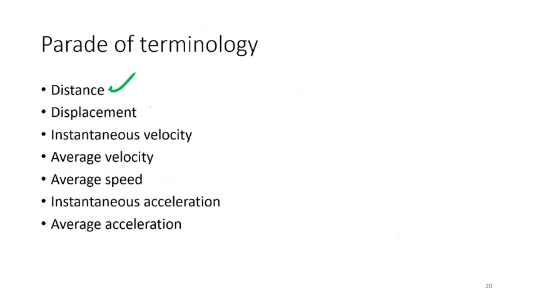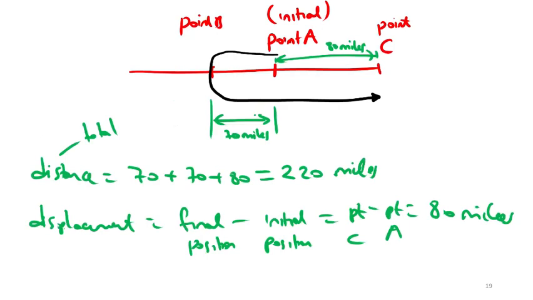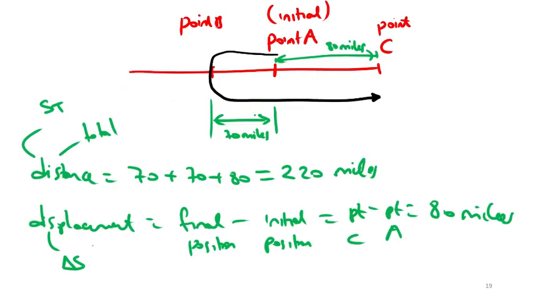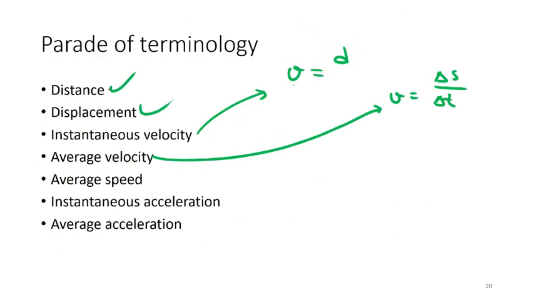Okay, distance and displacement, and the instantaneous velocity. Let's call displacement delta s and distance st. Let's first tell average velocity, that will be easier. The average velocity is delta s, the displacement, divided by the time difference. But the instantaneous one will be ds by dt.